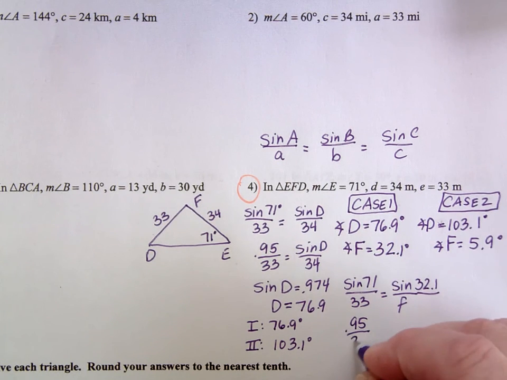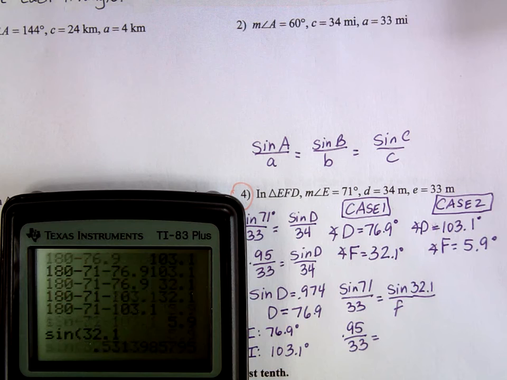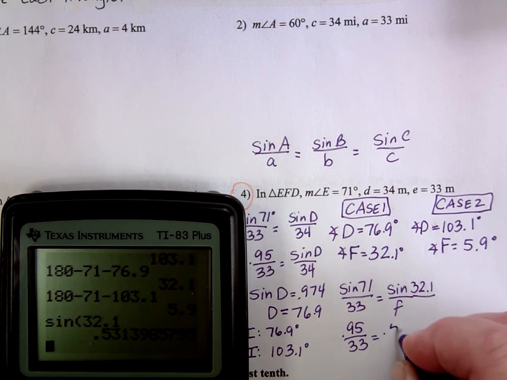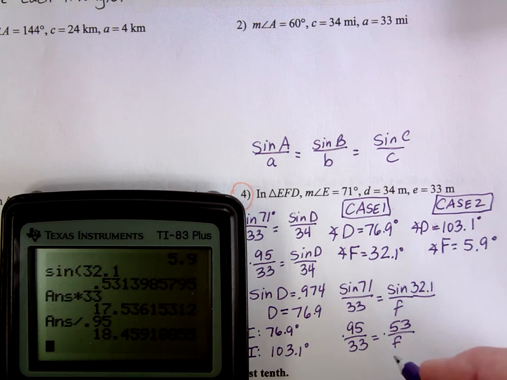I know that the bottom is 33. I do not know the sine of 32.1, so I'm going to get that. 0.53 over f. So I'm going to cross multiply. 0.53 times 33 divided by 0.95. I get 18.46.